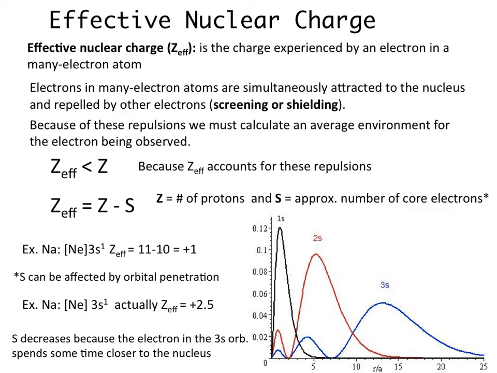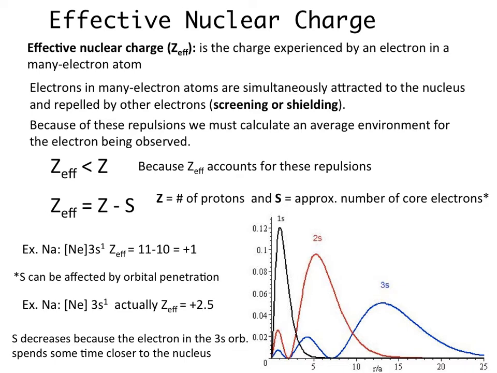So instead of calculating each individual repulsive force, we look at all of the contributing electrons as an average environment. That shielding or screening is an assumed or calculated average environment.